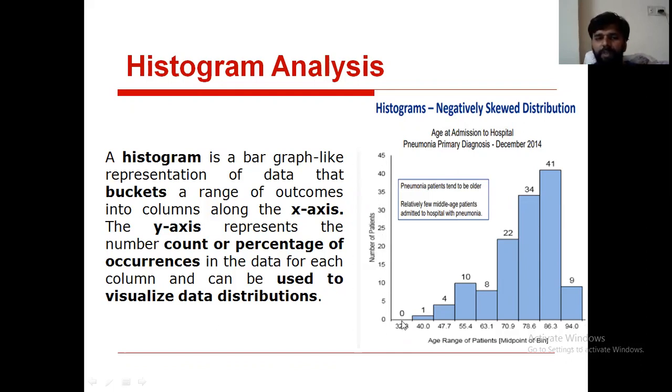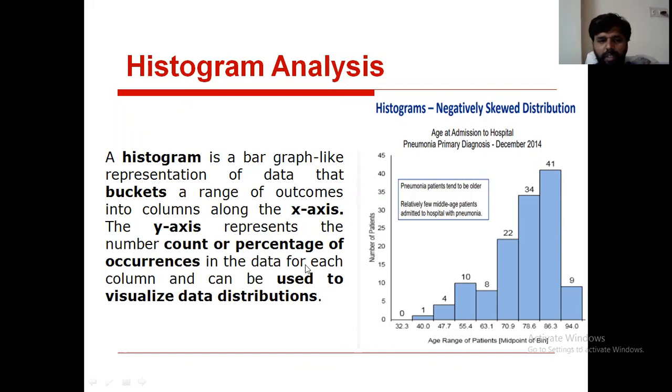With the help of a histogram, the data is clearly visualized. For visualization and data distribution purposes, we are using this histogram. A histogram is like a bar chart or bar graph. Here, the histogram contains buckets. These buckets are arranged on the x-axis, and the equivalent count is mentioned on the y-axis.